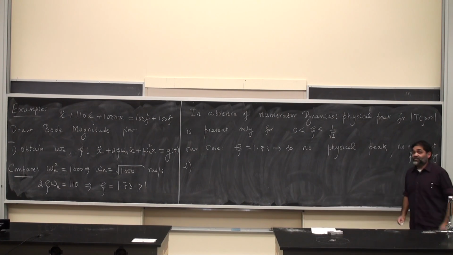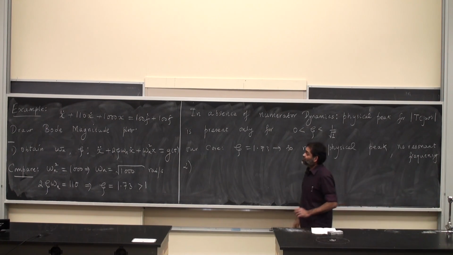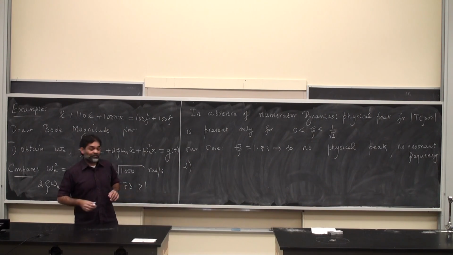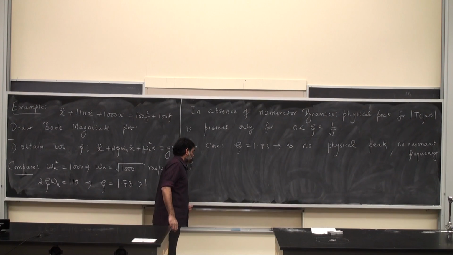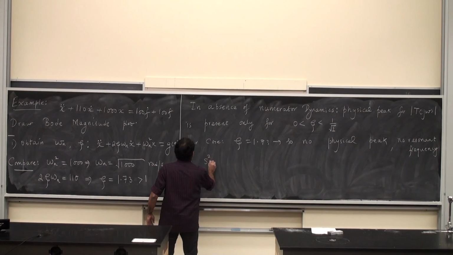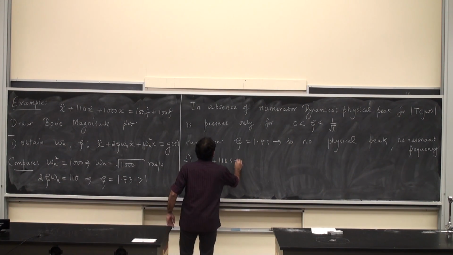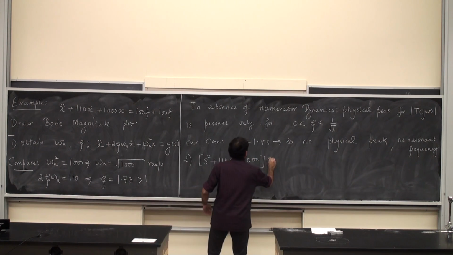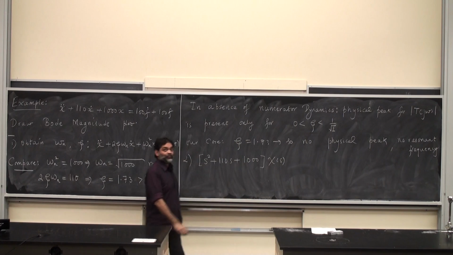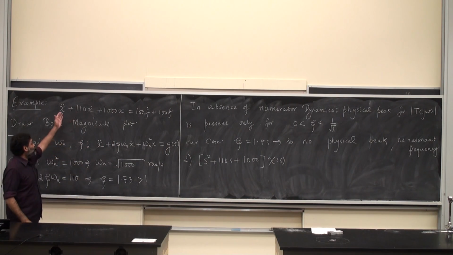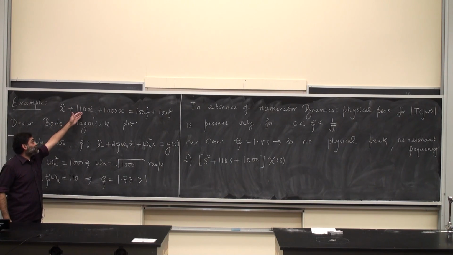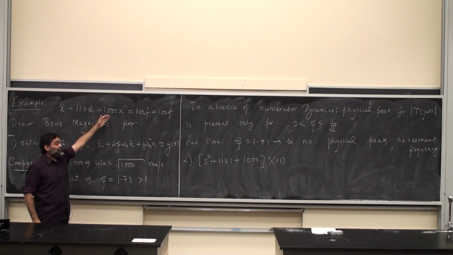All right, so the next step is I take the Laplace transform on both sides of the given ODE and write the transfer function of the system. Okay. So Laplace transform on both sides. So s square plus 110 s plus 1000 times x of s, right? If I take the Laplace transform, x double dot is s square x of s, 110 times s times x of s, 1000 times x of s.